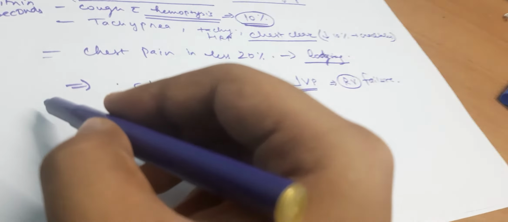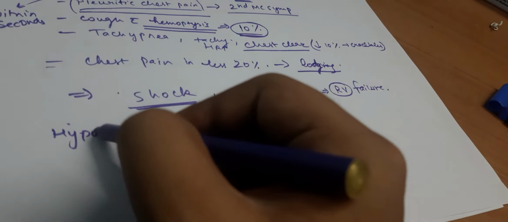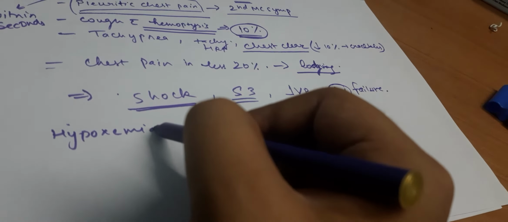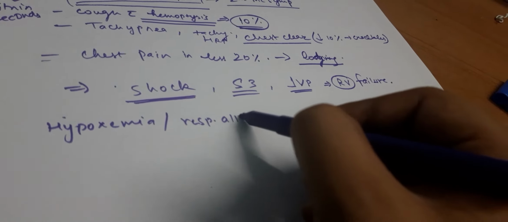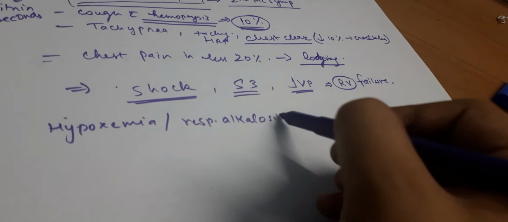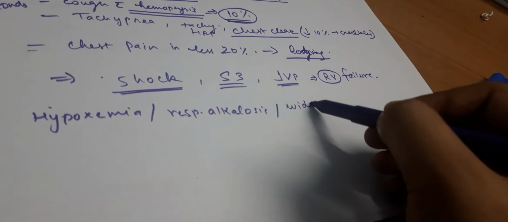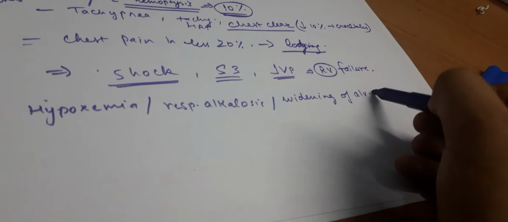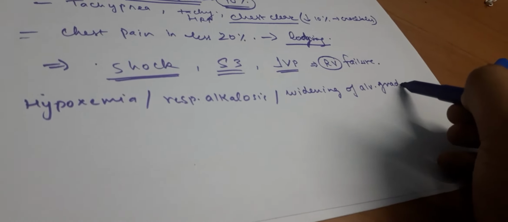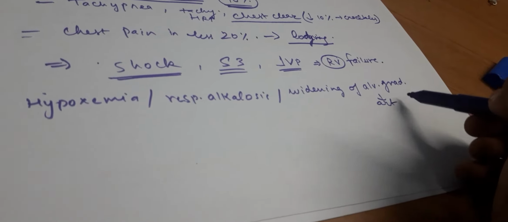Now, a very important thing is the patient will have hypoxemia. There may be respiratory alkalosis in the patient of PE. There may be widening of the alveolar-arterial gradient.